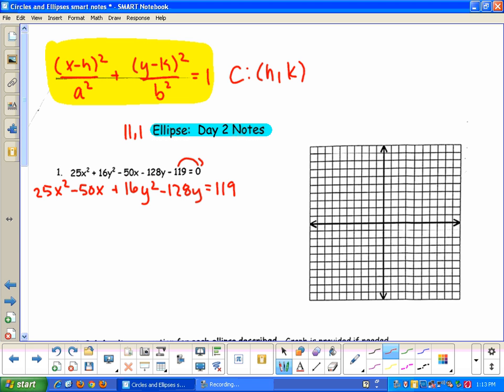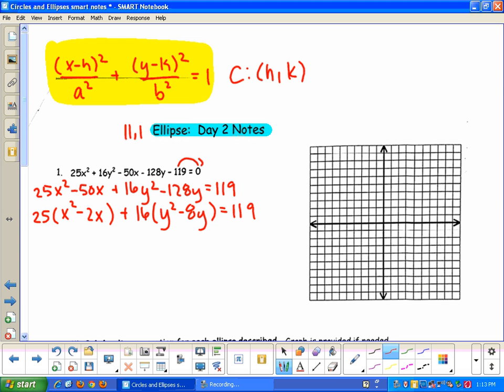So the next step is to factor out that number that's in front. We're going to factor out the 25 for x's. So we get 25 times x squared minus 2x. And then for the y's, we're going to factor out the 16. So we get 16 parentheses y squared minus 8y.